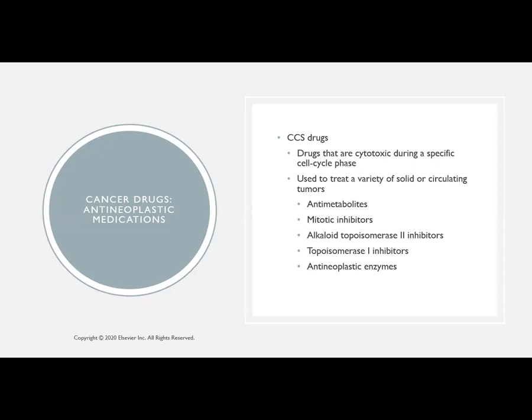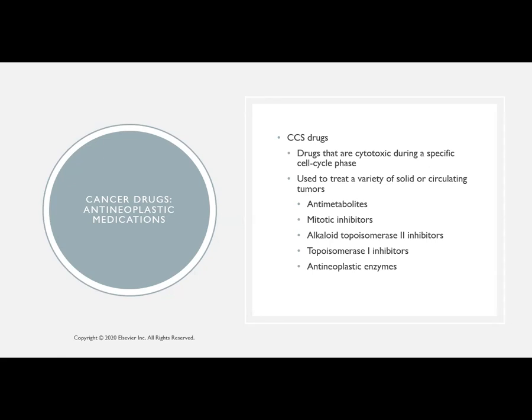Okay, so cancer drugs, antineoplastic medications. Our CCS, these are our cell cycle specific drugs. They are cytotoxic during a specific cell cycle, used to treat a variety of solid or circulating tumors. Antimetabolites, mitotic inhibitors, alkaloids, topoisomerase 2 inhibitors, topoisomerase 1 inhibitors, and antineoplastic enzymes.